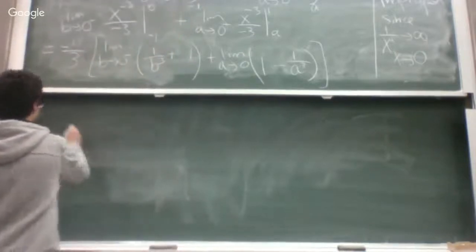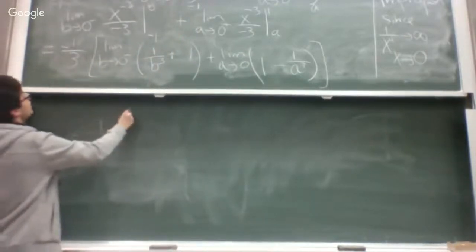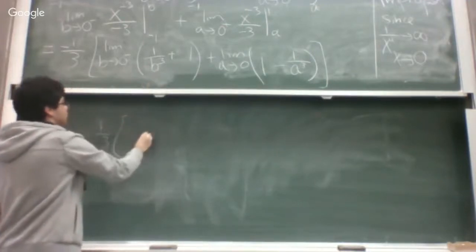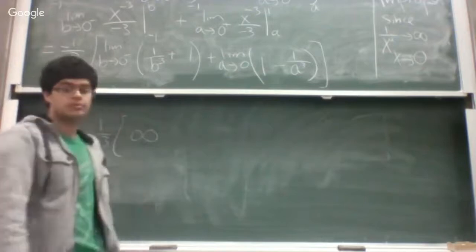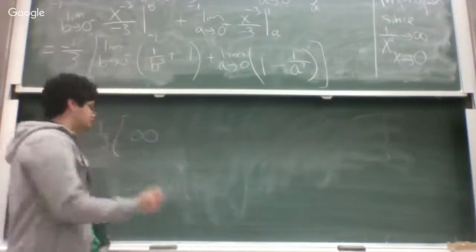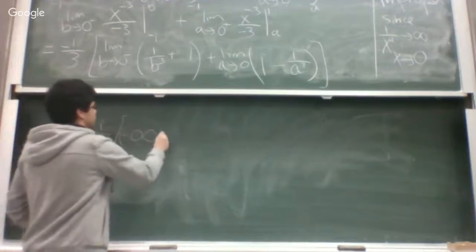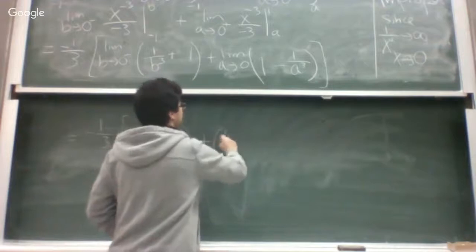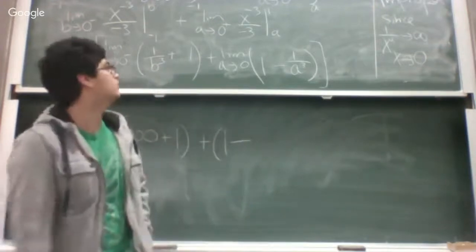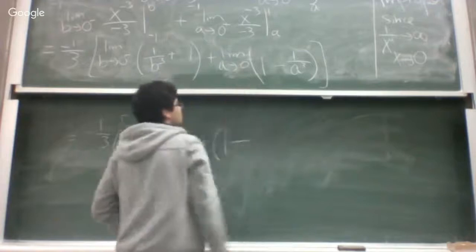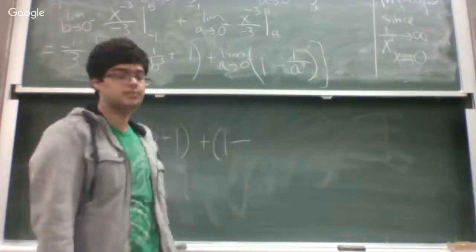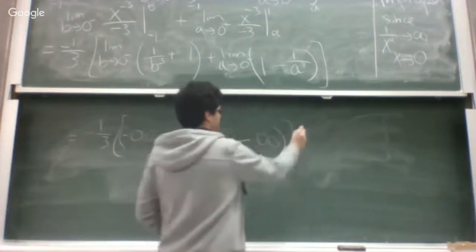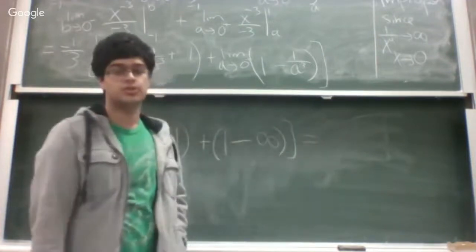So we're left with negative 1/3 times, when we sub in 0 from the negative side for b, we get negative infinity plus 1, plus 1 minus a positive infinity.